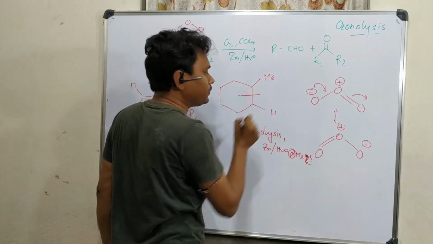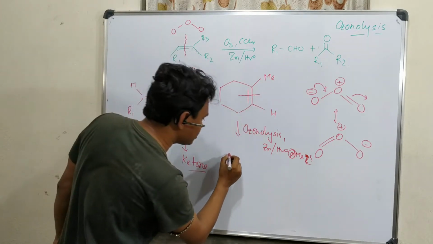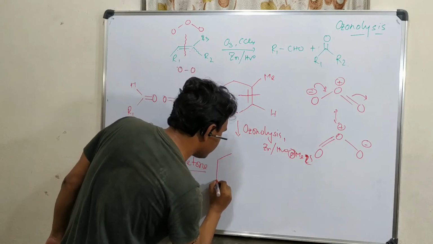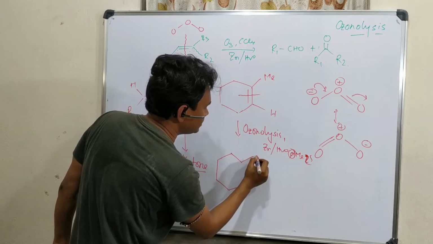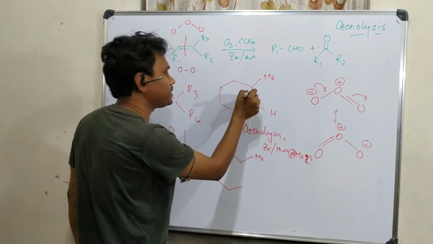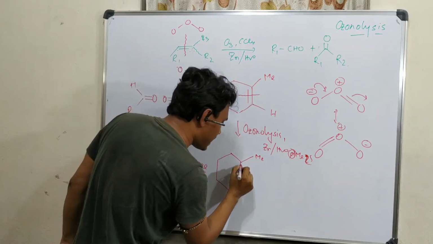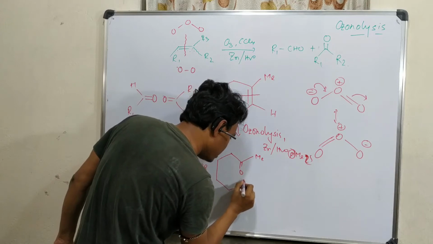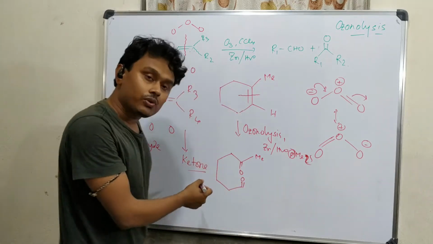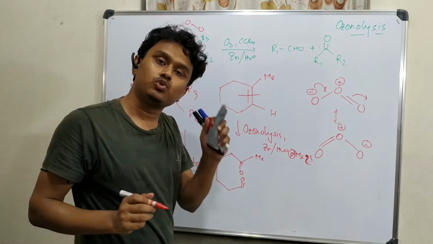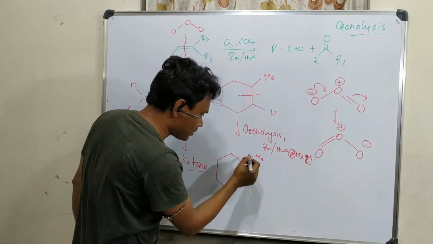So if it breaks, I suggest you write in this way: keep everything intact. Which bond is breaking? This bond. So we will add oxygen here. I know initially it doesn't look good, but this drawing will help you minimize errors. Then how to write?